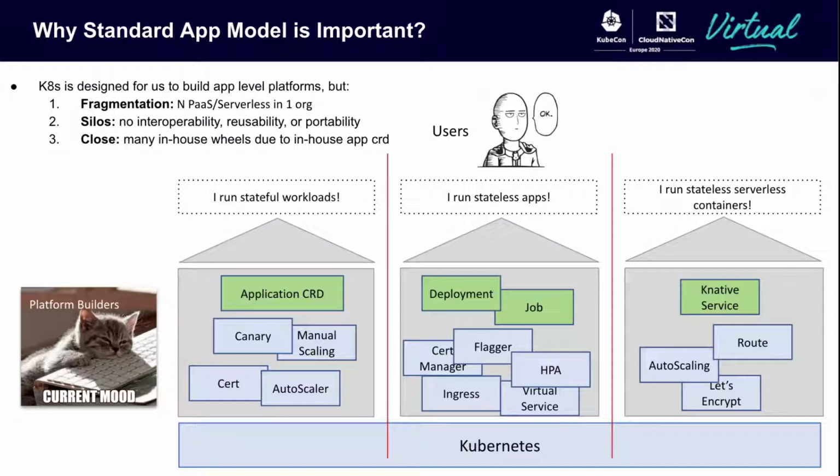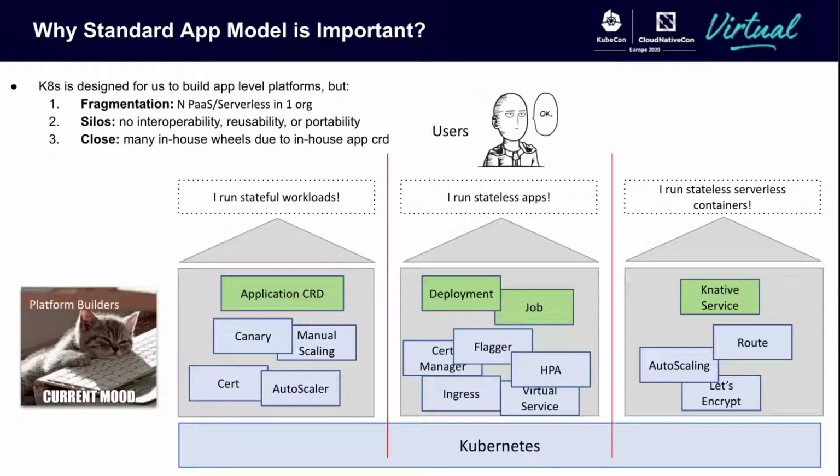For example, some applications are stateful workloads, so we need to build the users a stateful application platform with operational capabilities like manual scaling policies and canary rollout strategies. However, there are also many applications which are stateless. They use Deployment as workloads, Flagger, for example, to do rollout, and HPA for auto-scaling.